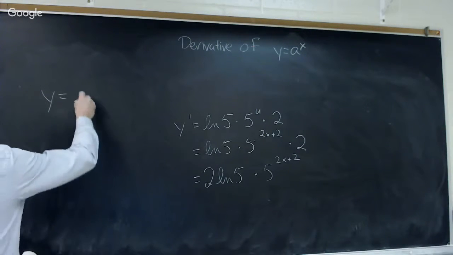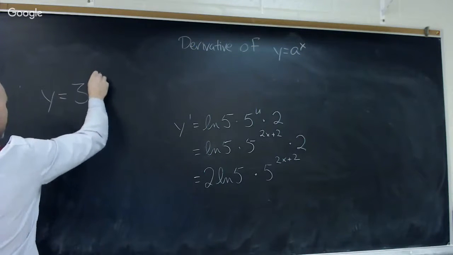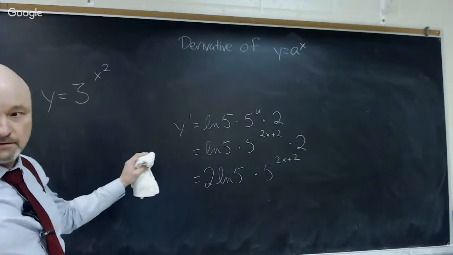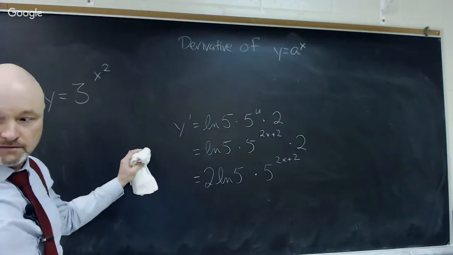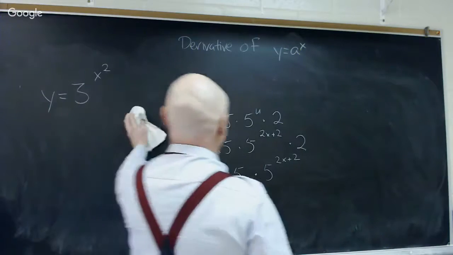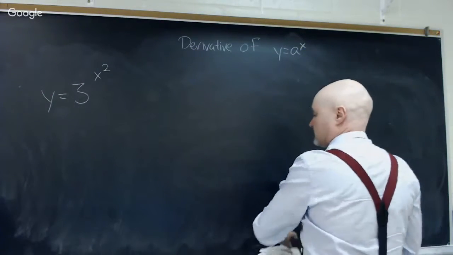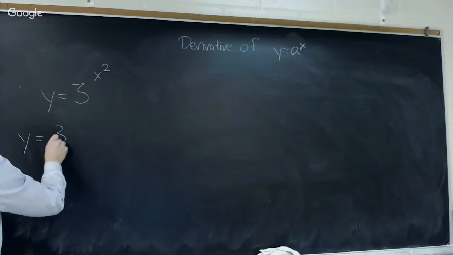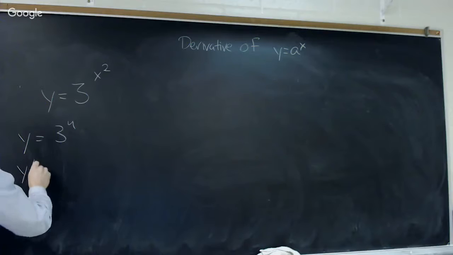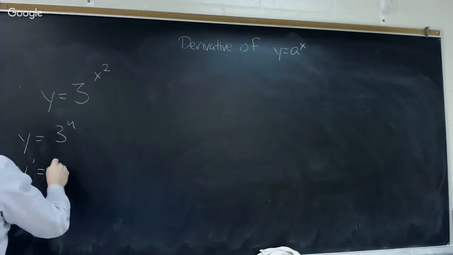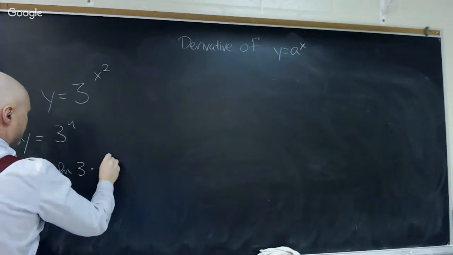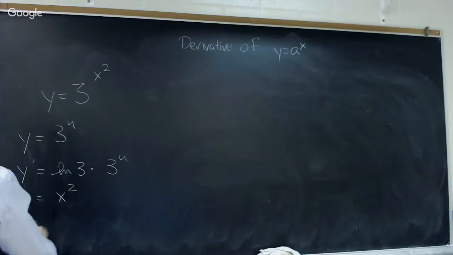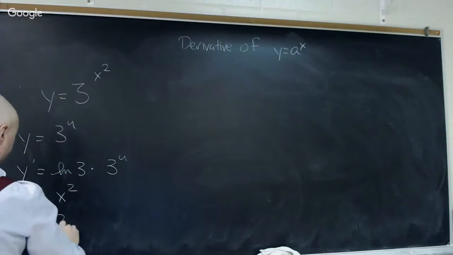Okay, so let's do 3 to the exponent x squared. We're all good. We can erase this. Okay, so this is y equals 3 to the exponent u. So y primed is going to be the natural log of 3 times 3 to the exponent u. u in this case is x squared, and so u primed is 2x.